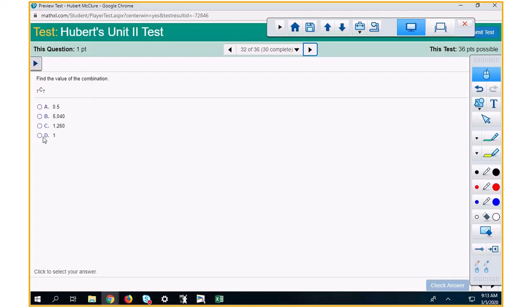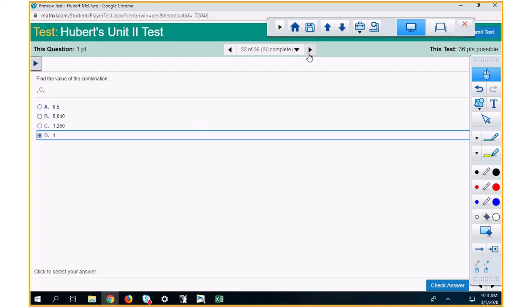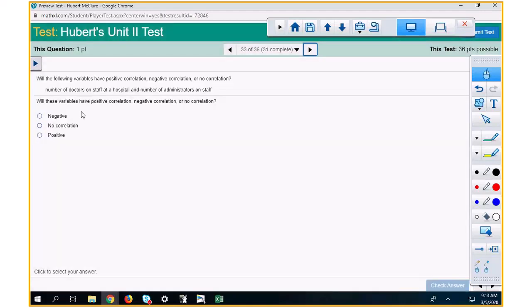What is it? I'm sorry, 1? Next. Will the following have a positive correlation, negative correlation, or no correlation? Number of doctors on a staff at a hospital and number of administrators on staff. It should have a correlation, but if it's like college, you got 20 million administrators and only 15 staff. But anyway, what do you think?